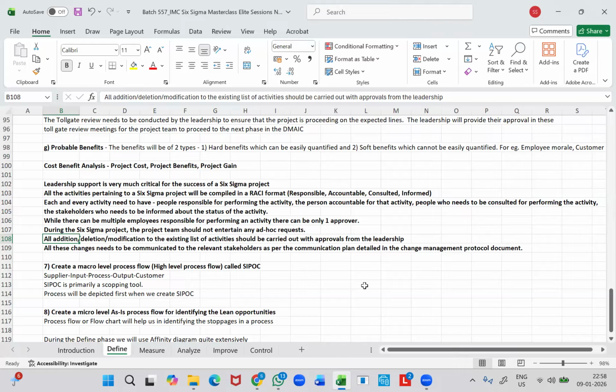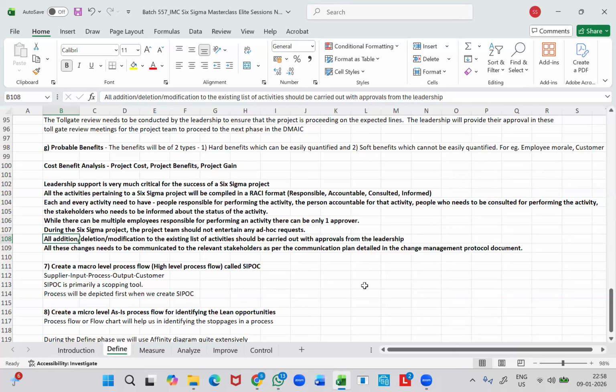So how this change needs to be communicated, whether it is through an email communication, or we are going to have a town hall meeting where this change will be announced, or it is going to be through both email communication as well as through a town hall meeting. So how this change will be communicated to the leadership team is something that will be clearly mentioned as part of the change management protocol document.